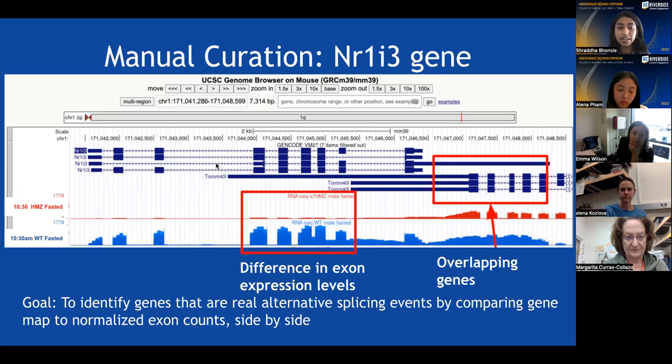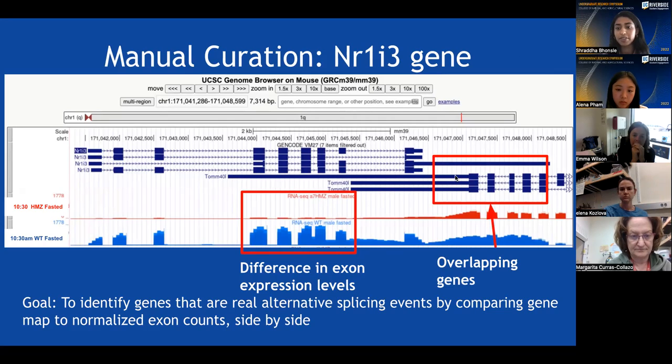I can see the entire NR1I3 gene here, and what I'm going to look for is to double check that those huge differences are really what I see on this gene. One of the things I want to point out is why manual curation is so important is just because in the right-hand corner in the box, you can see that there's another gene, the TOM gene, that's overlapping with this NR1I3 gene.